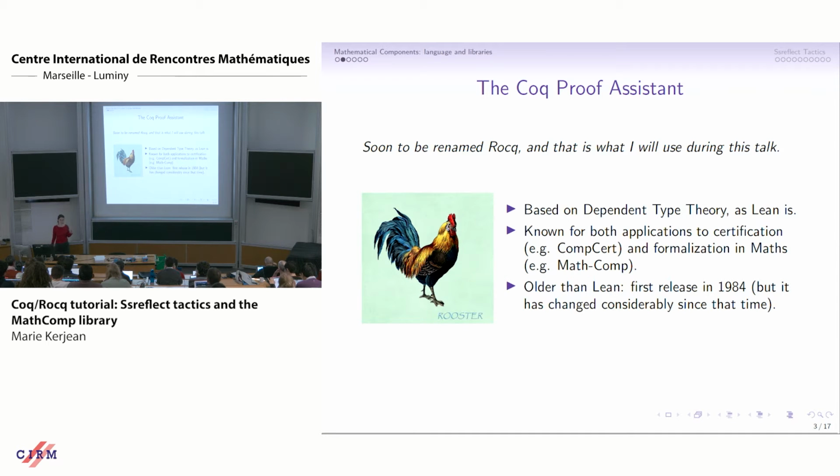It is not a proof assistant which is only turned towards the formalization of mathematics. It has been quite successful in the certification of programming languages in the computer science world. For example, the certification of the C compiler, CompCert, was quite a success. But it has also been a bit famous for the formalization of mathematical theorems.